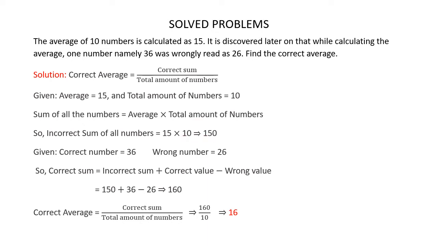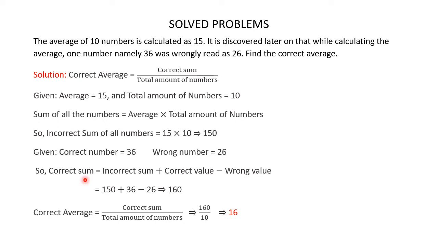Now this 150 is not the correct sum of all the numbers, because while calculating the average, one number was wrongly read. So 150 is the incorrect sum of all the numbers. Now it's given that the correct number was 36, but it was wrongly read as 26. So the wrong number is 26.